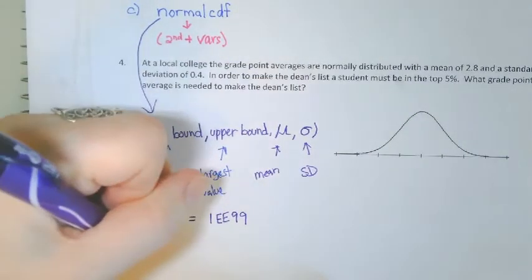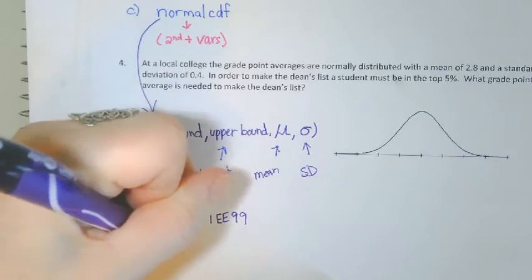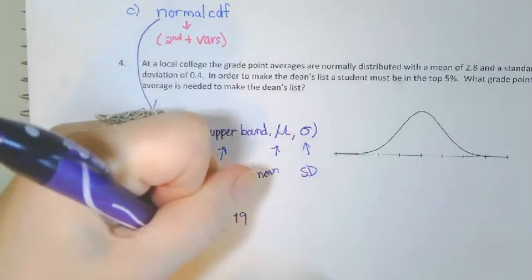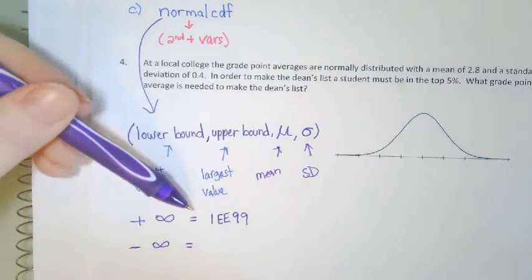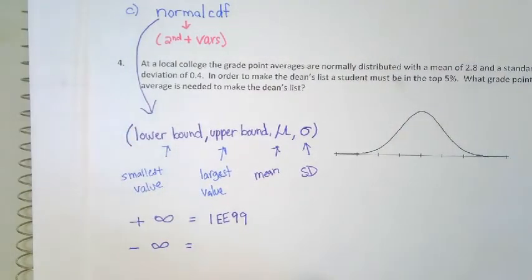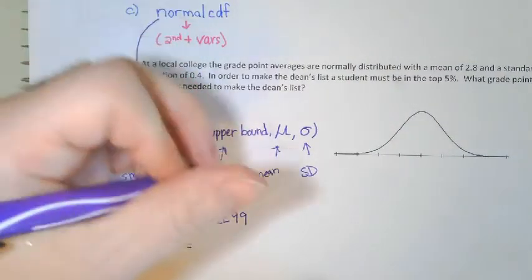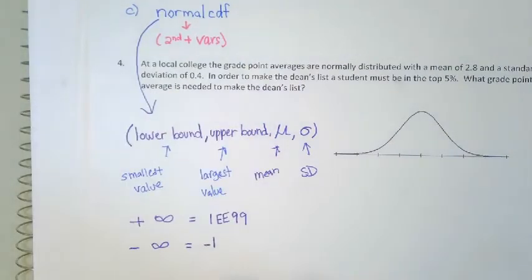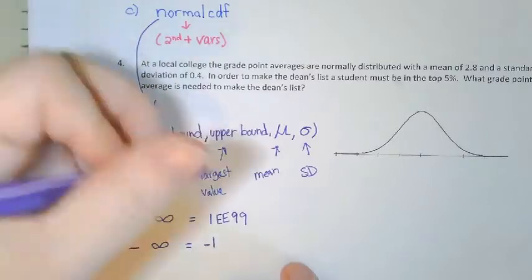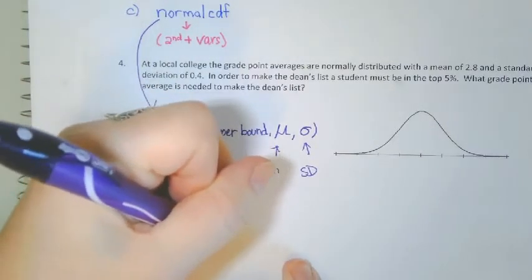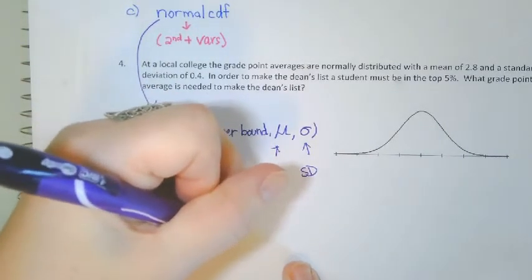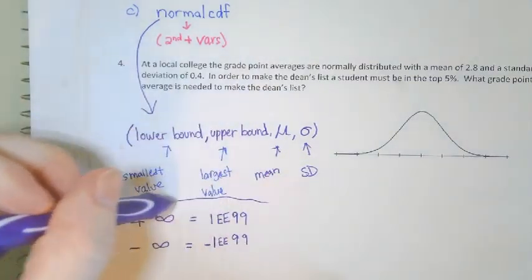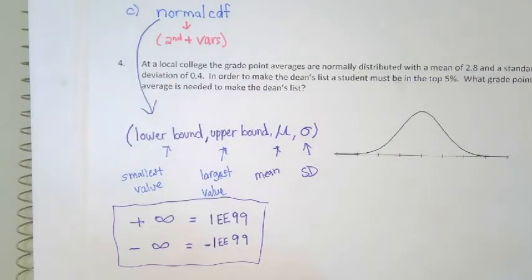If you're trying to enter negative infinity on your calculator, it's almost exactly the same, except instead of starting with a +1, you're going to start out with a -1. So I'm going to do -1, second comma to get the EE, and 9, 9. So that's how you enter either positive or negative infinity on a graphing calculator.